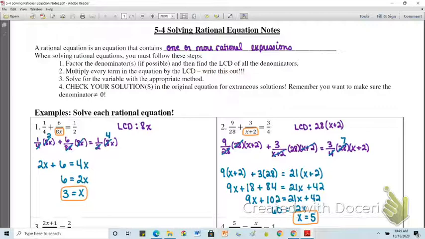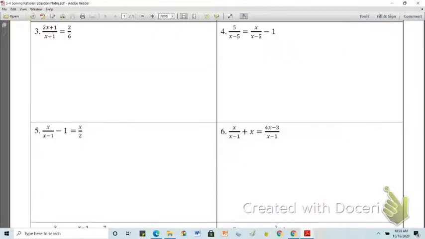Let's try 2 more. Okay, looking at number 3. Our LCD is 6 times x plus 1. So we're going to go ahead and write that out.